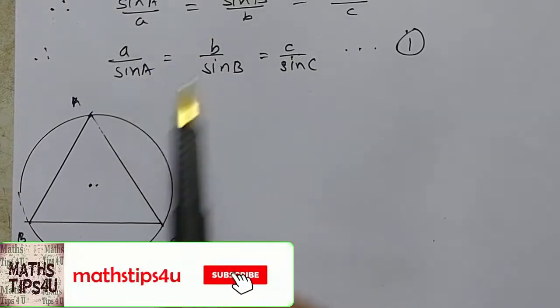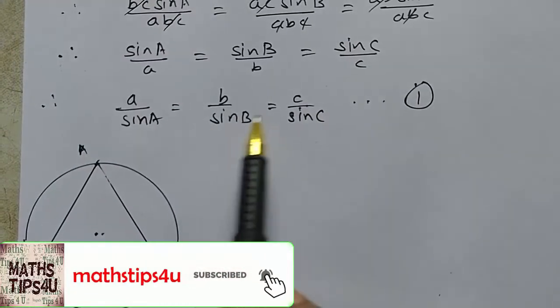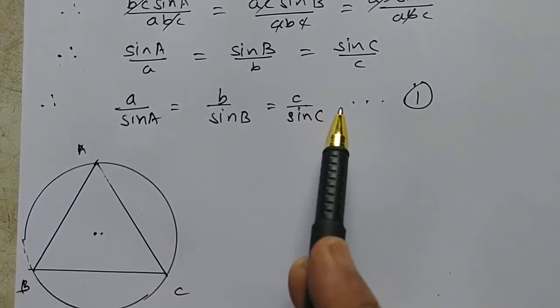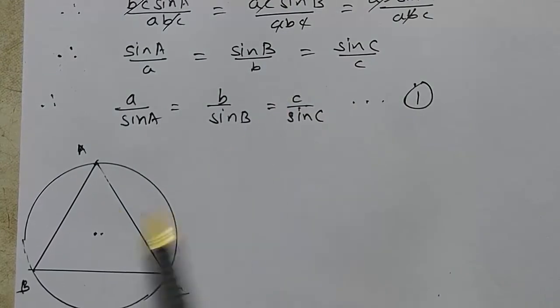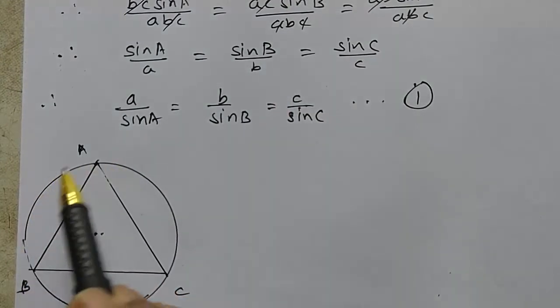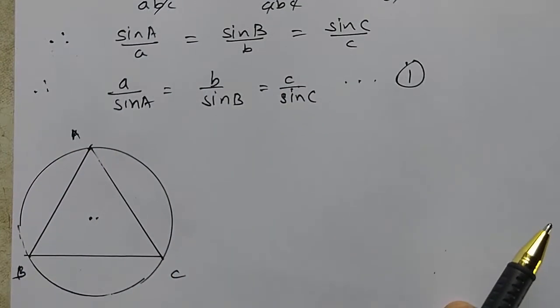Now we shall prove each ratio is equal to 2 times R, where R is the circumradius of the triangle ABC.